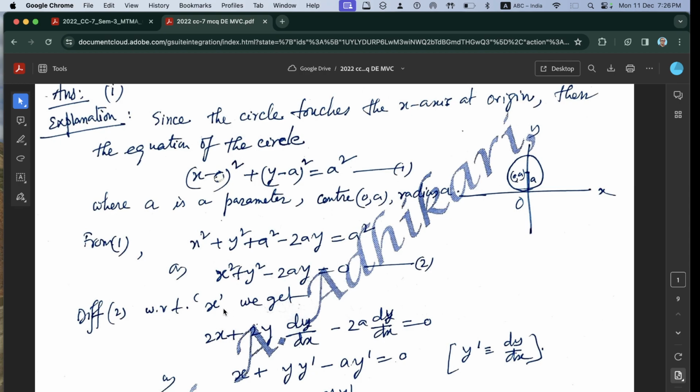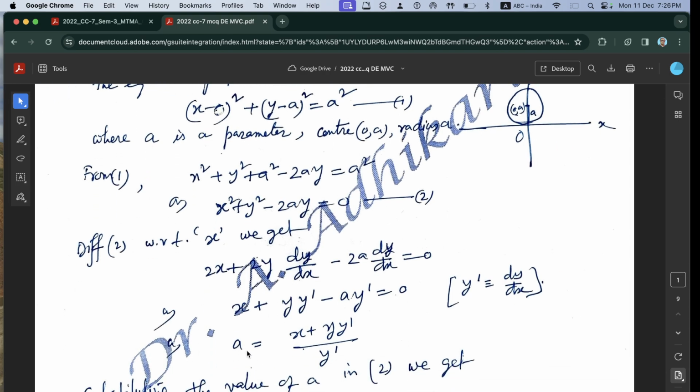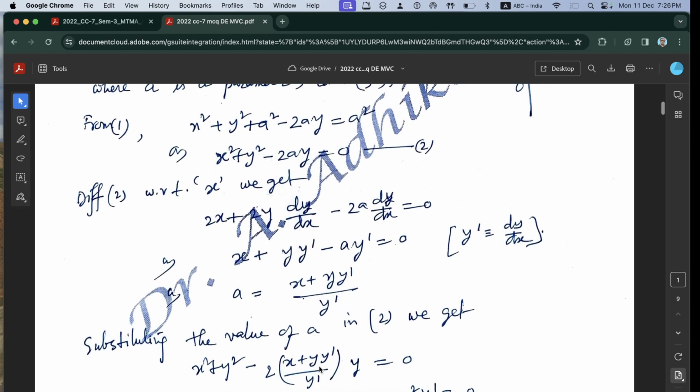Differentiating 2 with respect to x, we get 2x plus 2y dy/dx minus 2a dy/dx equal to 0. Hence x plus y' minus a y' equal to 0, where y' equal to dy/dx. Then a equal to (x plus y') by y'.